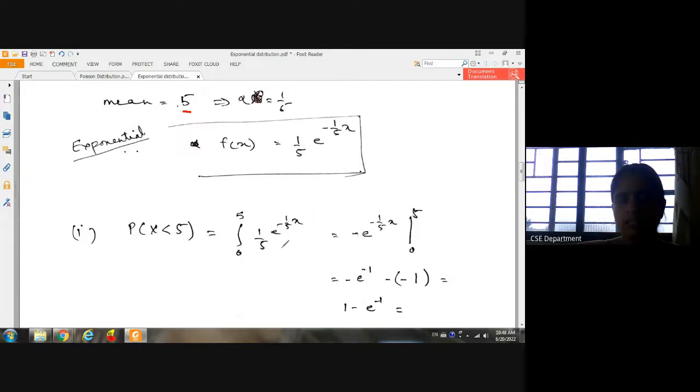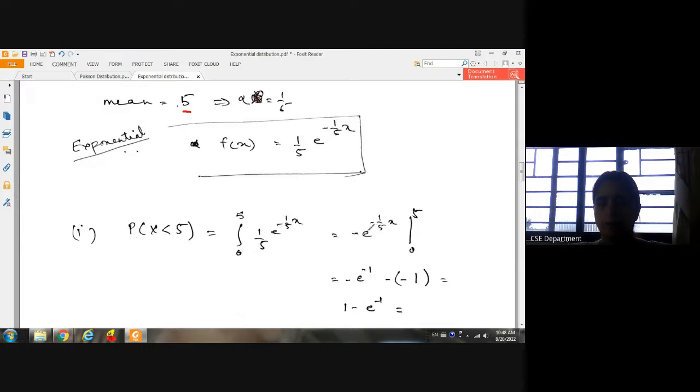Do this integration. Same integral, e to the power of alpha x. The integral of e power alpha x is e power alpha x by alpha. Just using that, 1 by 5 and 1 by 5 will get cancelled.